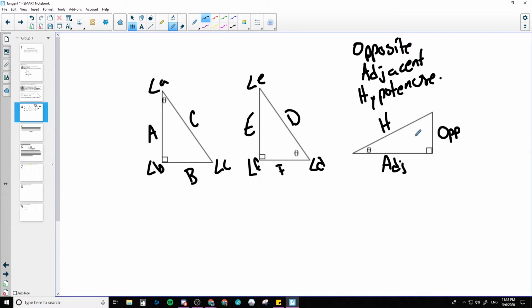Our opposite side is across from the angle that we're using, the reference angle, and the adjacent side is the side that is attached to the angle but is not the hypotenuse. This is just an example to show you how the hypotenuse, adjacent, and opposite would work out if we're talking about this angle. If we were talking about this angle instead, these two would be reversed, but the hypotenuse would still be the same.